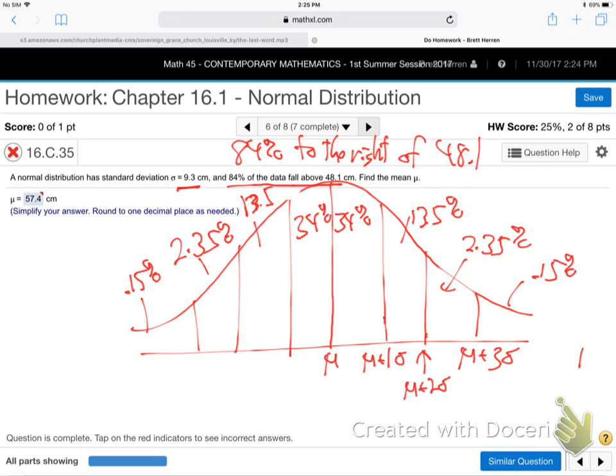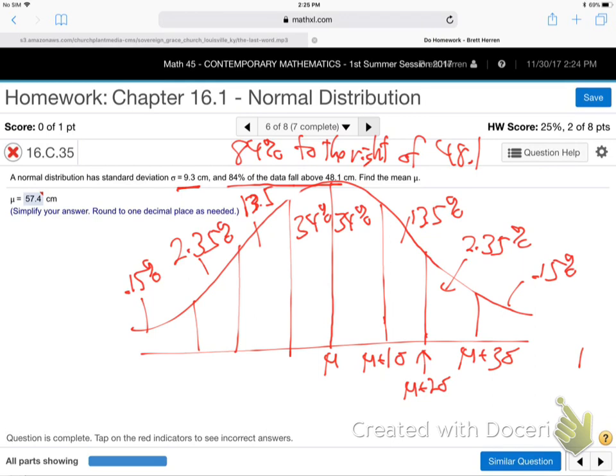There are 2 things they're going to talk about on these problems: percentages, which are up here, and non-percentages, which are down here. The numbers down here are not percentages, notice. There are no percentages on the ground level. So 84% of the data fall above, to the right, of 48.1.